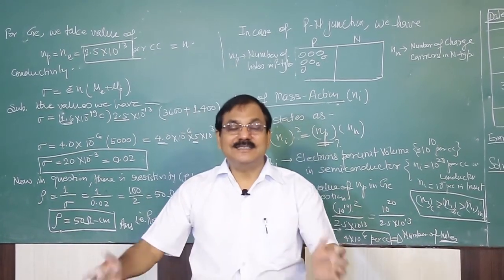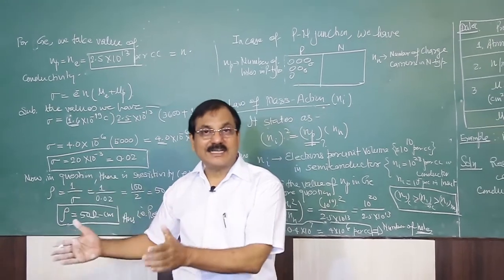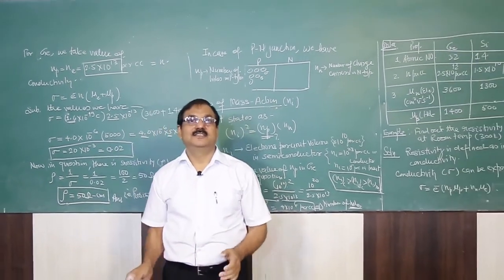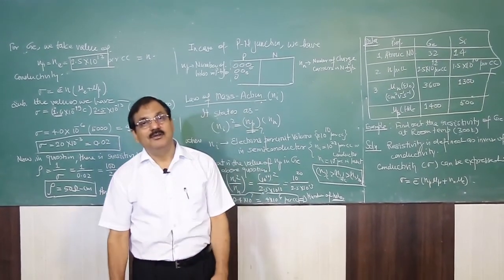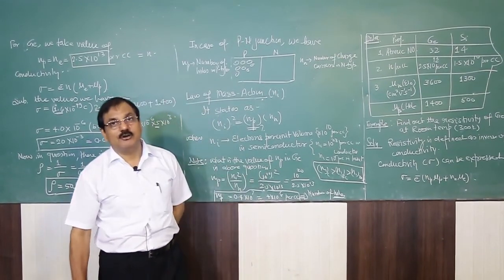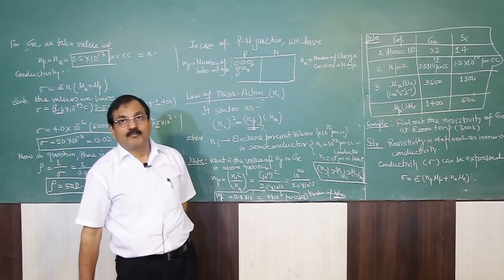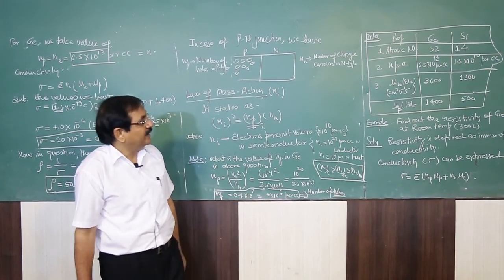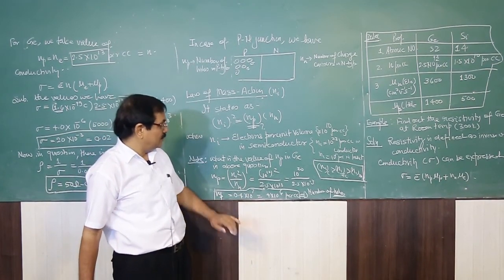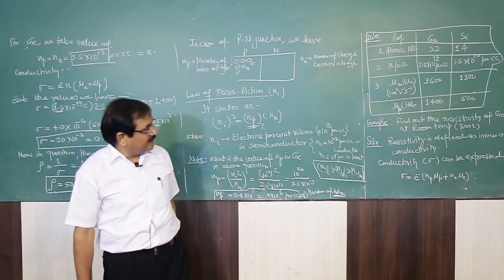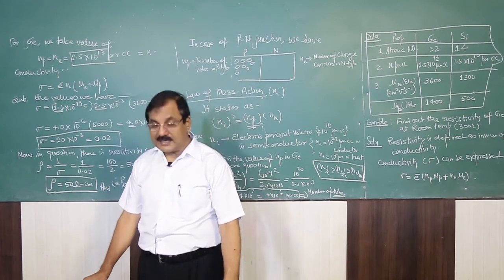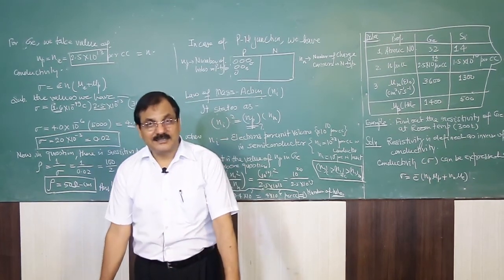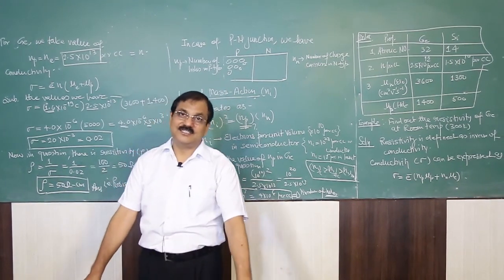It means this is an N-type crystal. The germanium is an N-type crystal, where the doping is by a pentavalent impurity in the crystal. So, this one is the current density, conductivity and resistivity of the circuit.